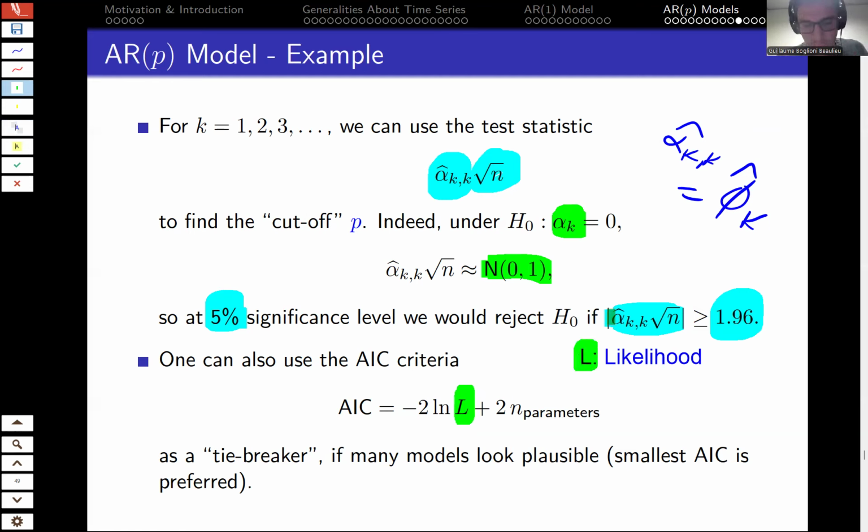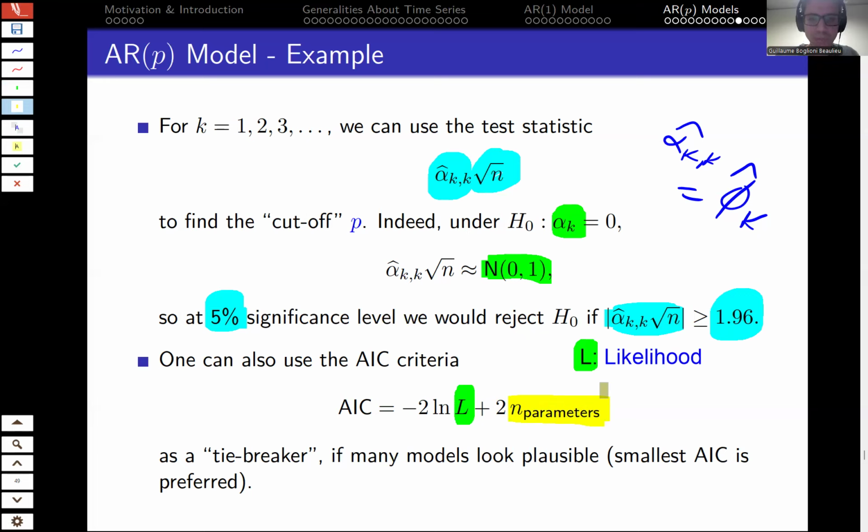But provided you have the likelihood of your data under your model, then you can use the AIC criteria, because the AIC is nothing else than -2 times log of the likelihood, plus 2 times the number of parameters. What is the number of parameters? It simply is the number of parameters in your model.